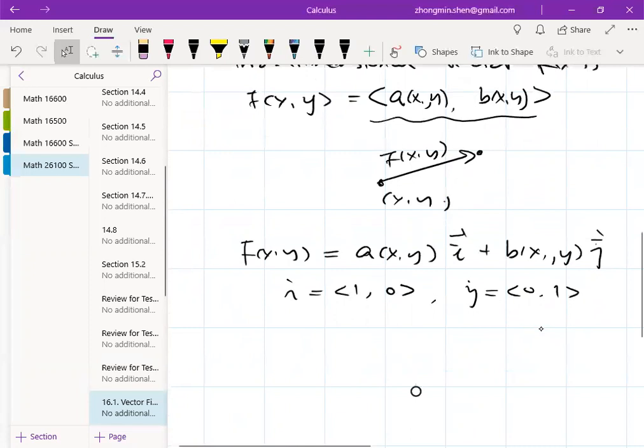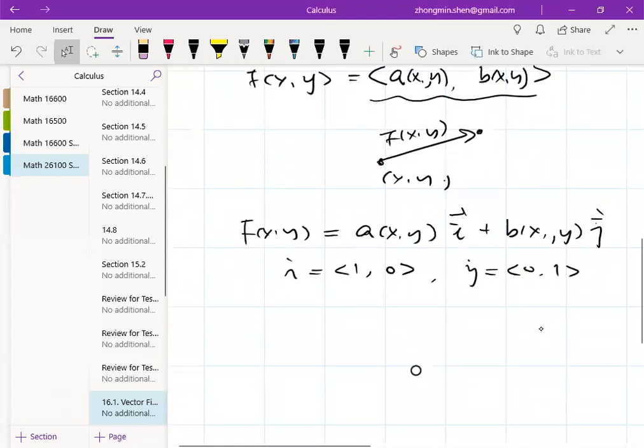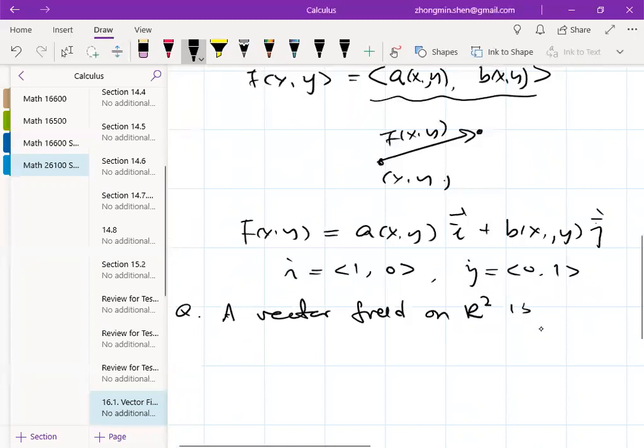Okay, so here, let's look at an example. A vector field on R2 is defined by, okay, so we're going to put x and y here, just like this.